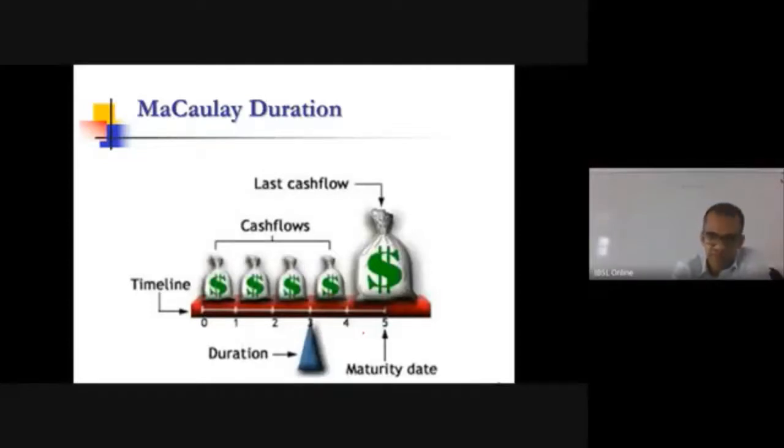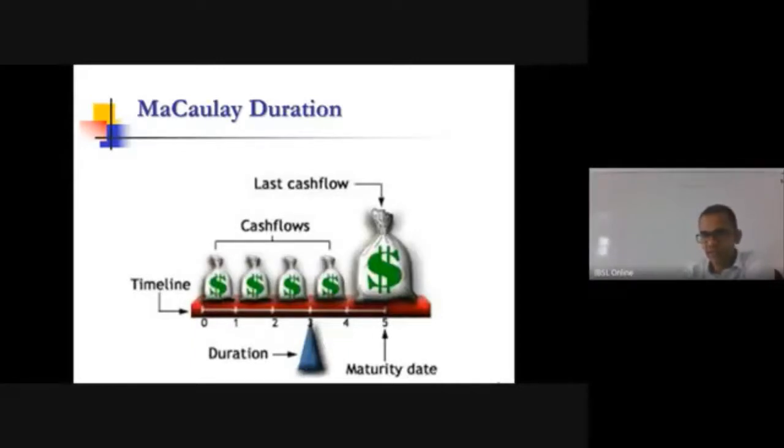But you can see this balances the cash flows in terms of present values. All these are cash flows, coupon payments. At the end, you get the face value plus coupon, so there's a big weight on this.